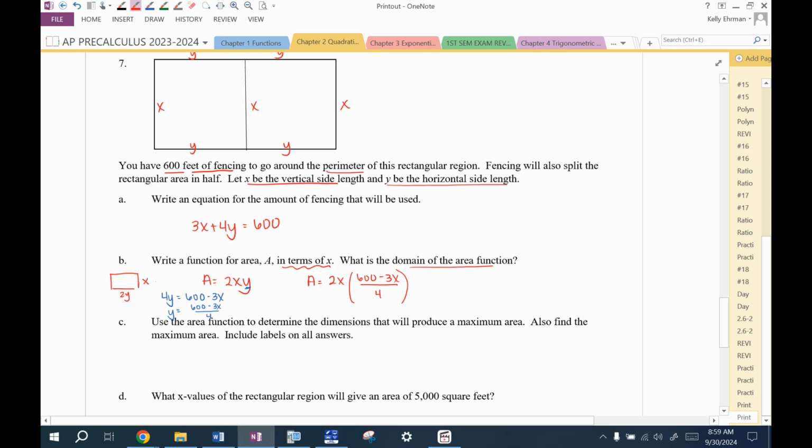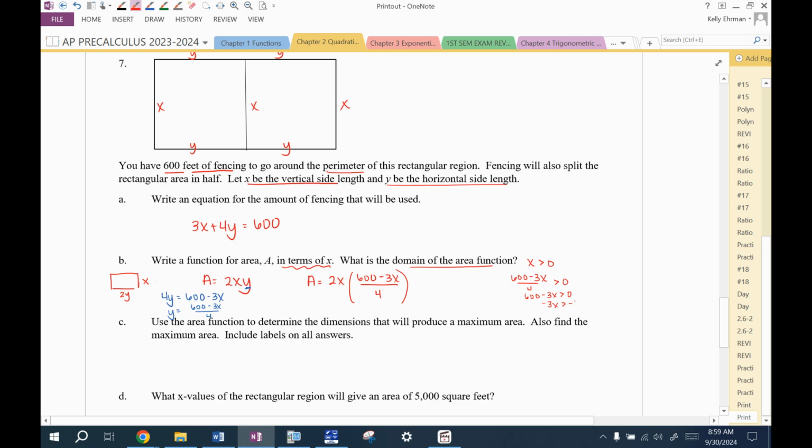What's the domain of the area function? So again, think about what needs to happen here. X definitely needs to be greater than 0 because you can't have a negative side length. And y needs to be greater than 0 too, but just take a look at this. That means 600 minus 3x over 4 also needs to stay greater than 0. Like this can't be calculating out to 0. So that's just when 600 minus 3x is greater than 0.